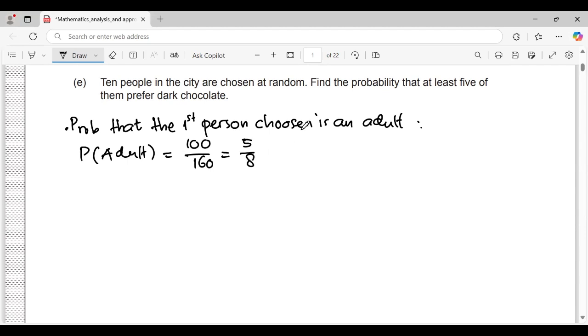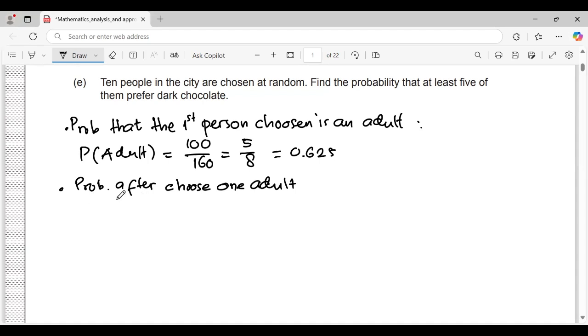5 divided by 8, and in decimal number is 0.625. Second, the probability after choosing one adult: there are 99 adults left and 159 people in total.